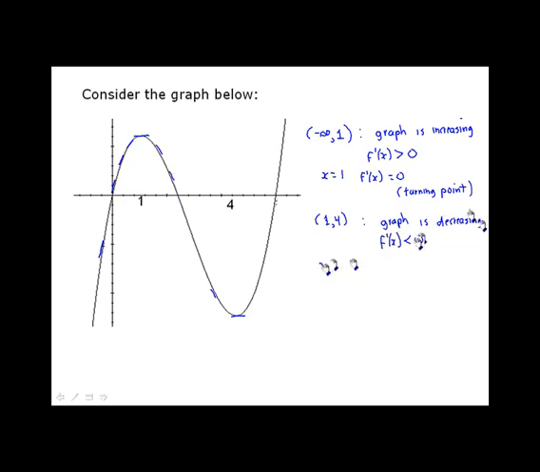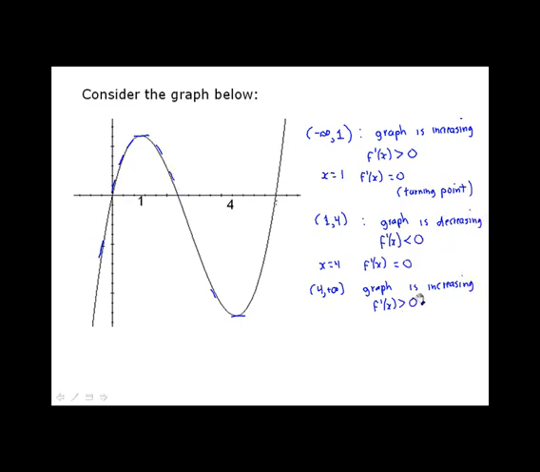And then so on. At x equal 4, f prime at x is equal to 0 again. And then from 4 to positive infinity, upwards forever, we would say the graph is increasing, is rising, as well. f prime at x is going to be greater than 0. So the first derivative would be positive.